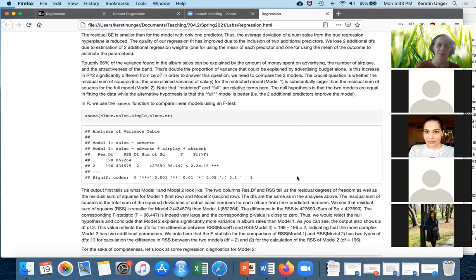We started with a model that included only advertisement as predictor, and now we want to test whether a model with airplay as additional predictor does better. If we compare the model with one predictor and the model with two predictors and run an F-test to compare these two models, then the result of this F-test is equivalent to the test of the regression coefficient in our two predictor model.